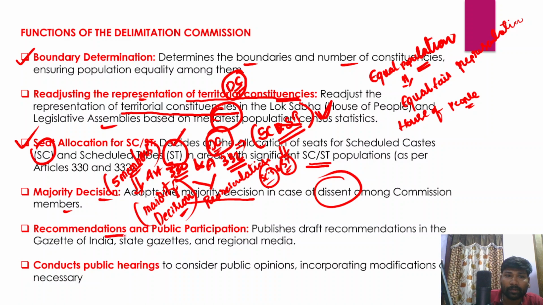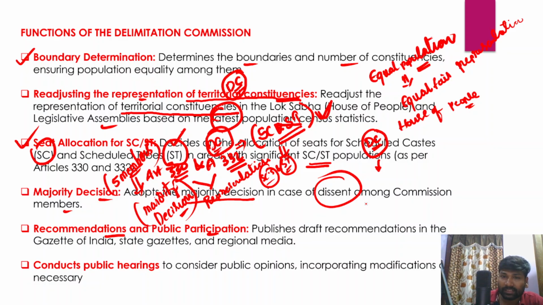And similarly, recommendations and public participation. When a Delimitation Commission goes to different states, it would also take into account the feedback from the political parties and the people as well.